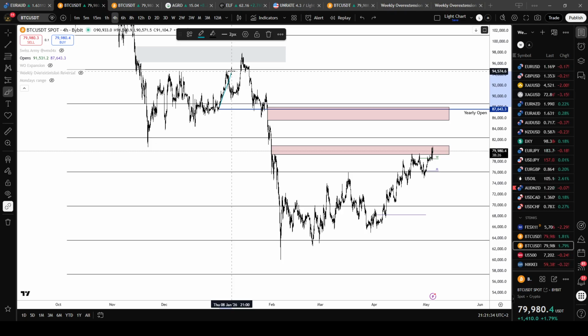You have a big spike to the upside, sell off, and then an even stronger move and more inefficient. Look at this inefficiency left back here into resistance. We really don't have that right now.